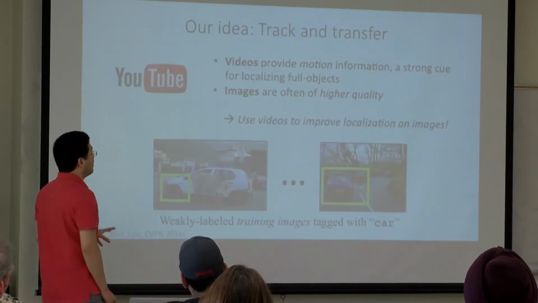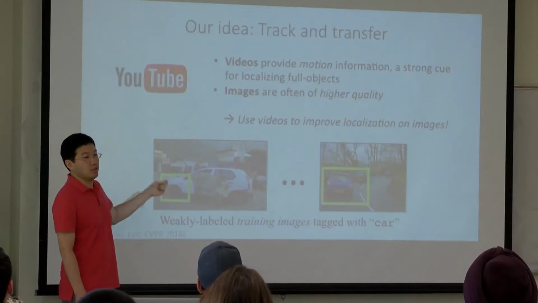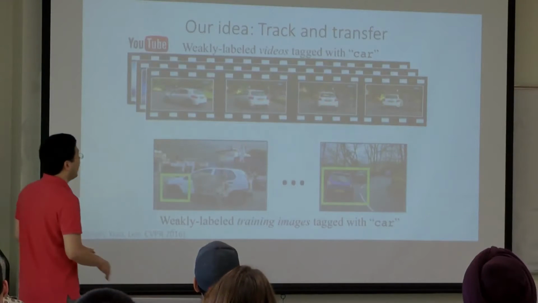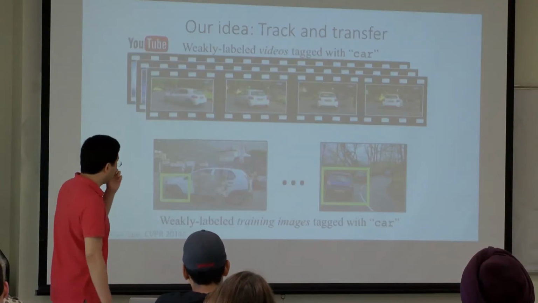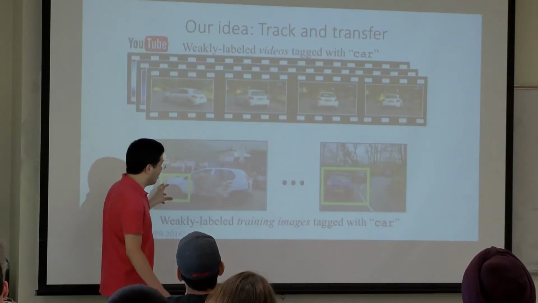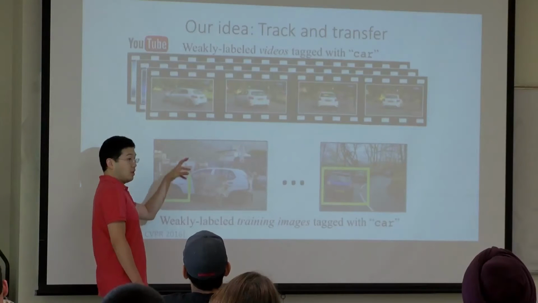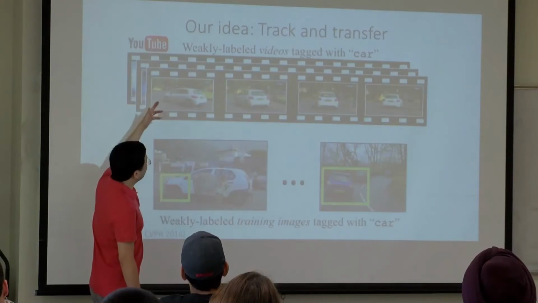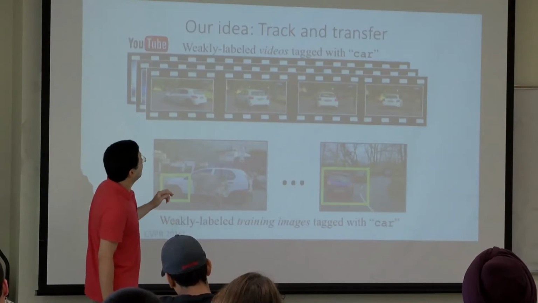Our main idea here is that we want to use the videos to improve the localization on images for training an object detector. I'll give you a high-level idea of how this works, and then go into more detail later. We first mine the discriminative regions, which commonly appear in the images labeled with car and rarely in the images that are not labeled with car. Then we go to YouTube and retrieve a bunch of videos with the same label, car.